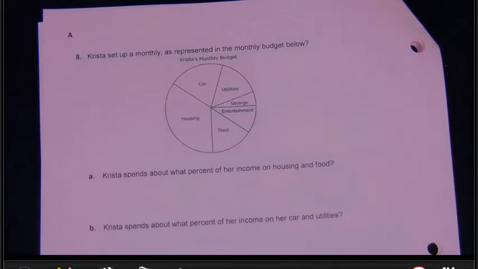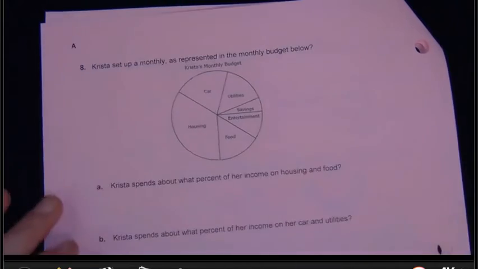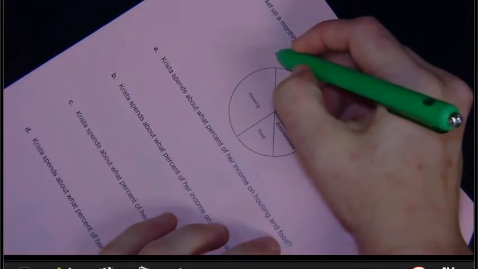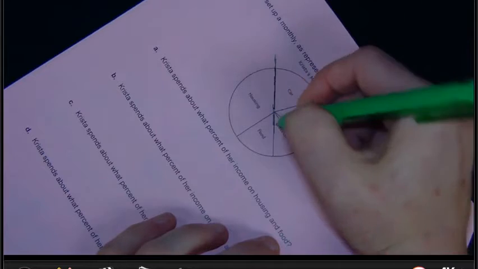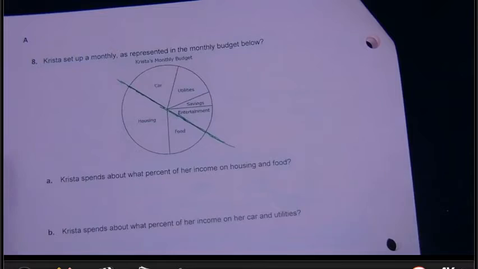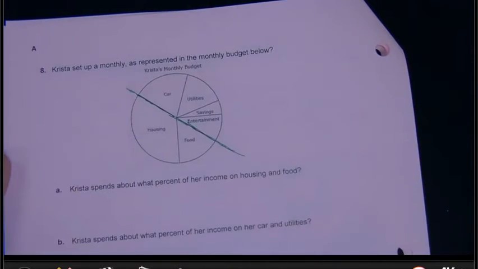Number 8. Krista set up a monthly budget, as represented below. All right, so here we go. I am going to go ahead and break this down to make it a little bit easier. There's many different ways you can split your circle up in half and start finding the percentages and start finding the halves. I know that one full circle is equal to 100%.